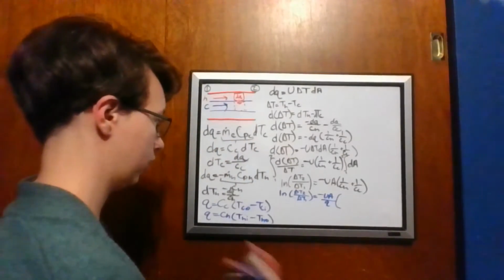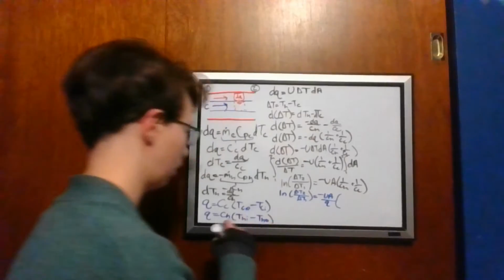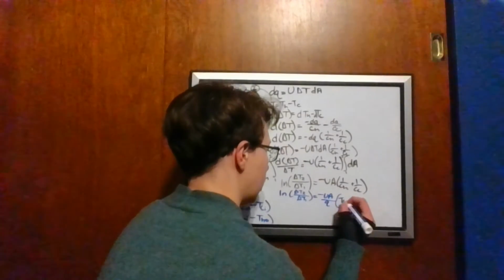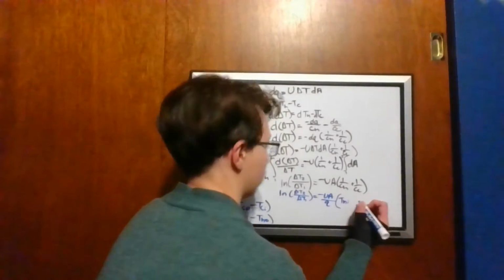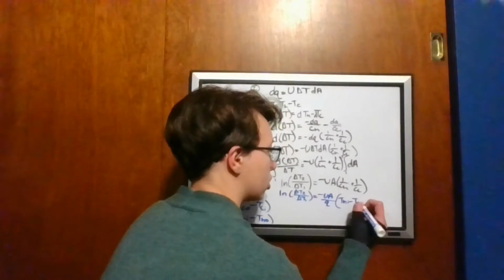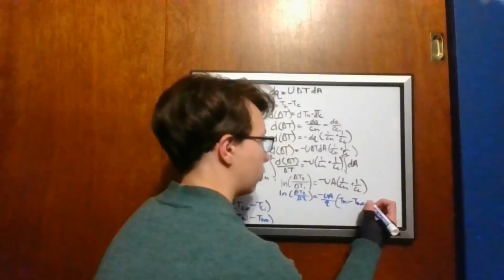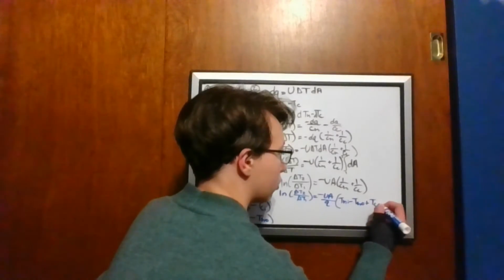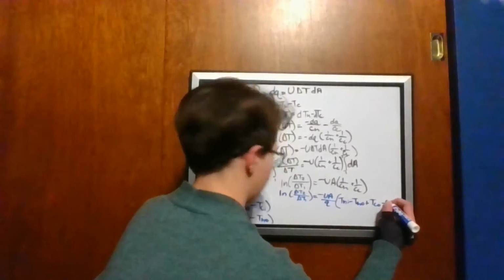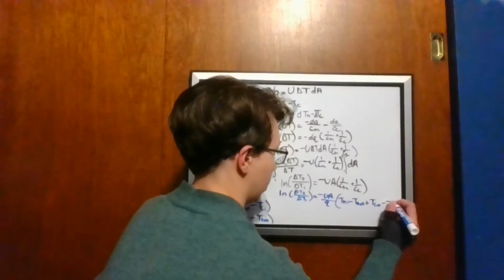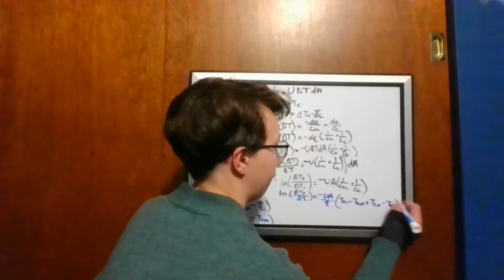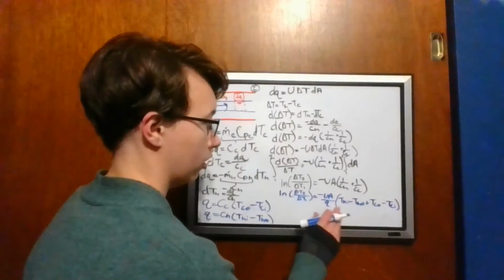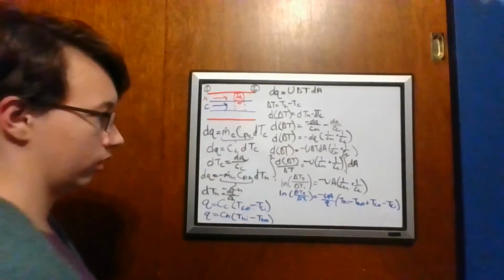Alright, so we have the hot first, THI minus TH out, and then plus T cold out minus T cold in.